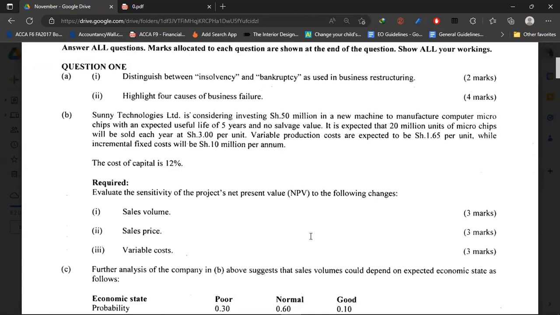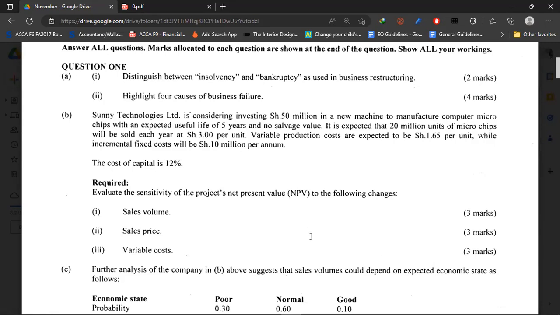Sunny Technologies Limited is considering investing 50 million in a new machine to manufacture computer microchips, with an expected useful life of 5 years and no salvage value. It is expected that 20 million units of microchips will be sold each year at 3 shillings per unit. Variable production costs are expected to be 1.65 shillings per unit, while incremental fixed costs will be 10 million per annum.